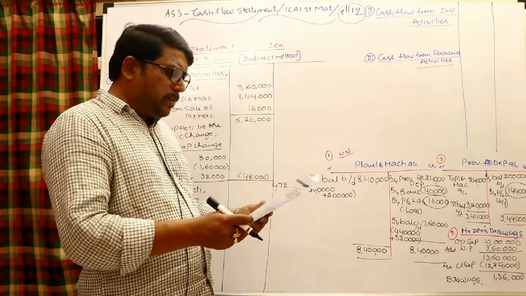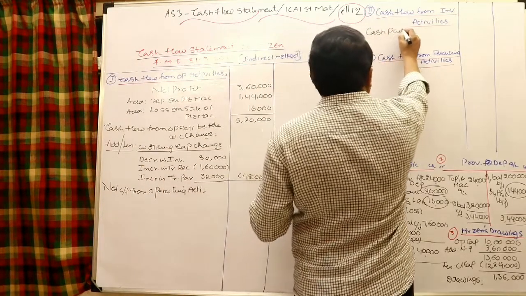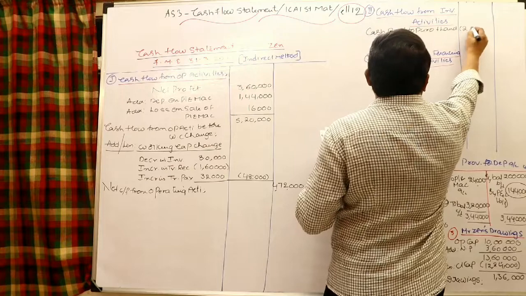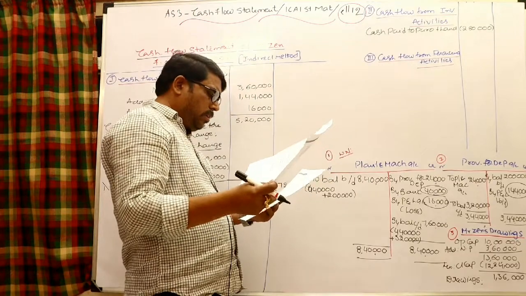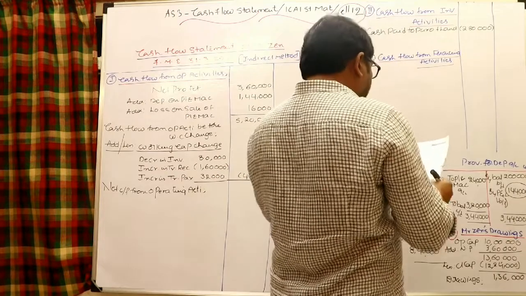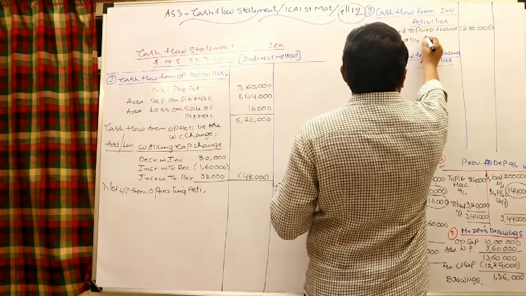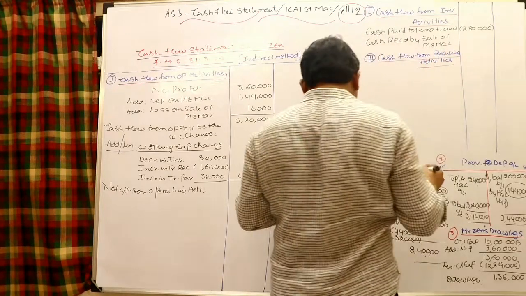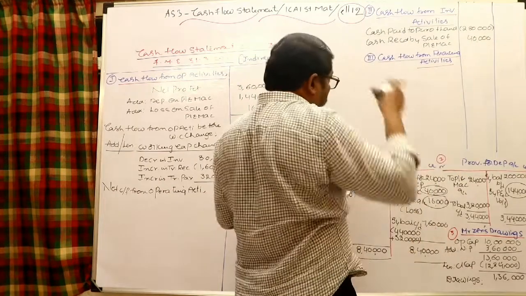So very clear, there is cash paid for purchase of land 2,80,000, whereas cash received by sale of plant and machinery is 40,000. Okay, and that's all.